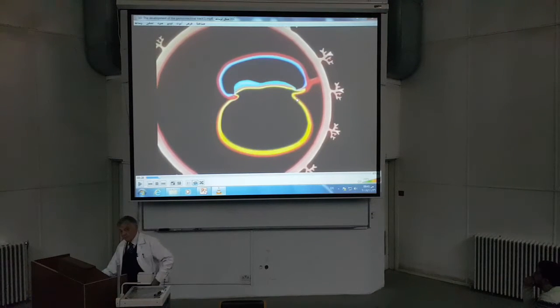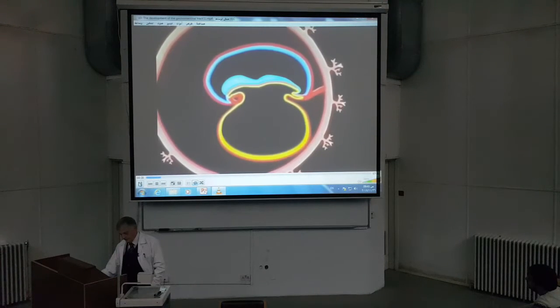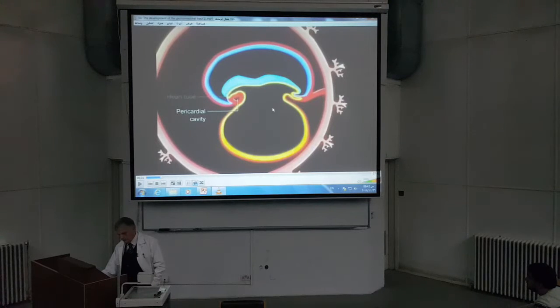Now there is the process of folding. Part of the yolk sac is getting involved in the trilaminar disc, lined with this yellow tissue, which is the endoderm.